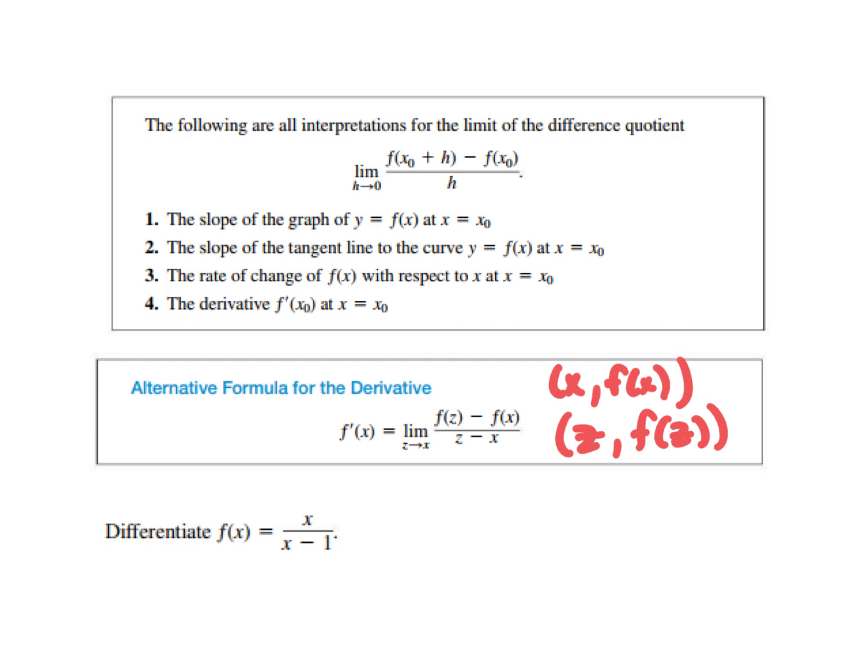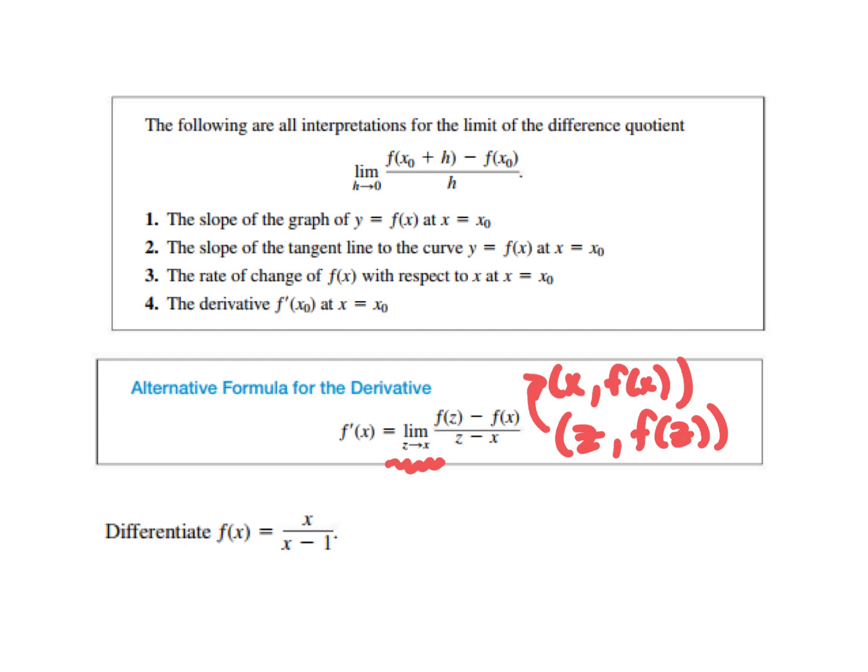So you're still doing a slope formula, y2 take away y1 over x2 take away x1. But in this case, what you're trying to do is make your z turn into x. You want your z to get as close to x as possible so that you'll be on top of that x point. So you can see here we have the limit as z goes to x.